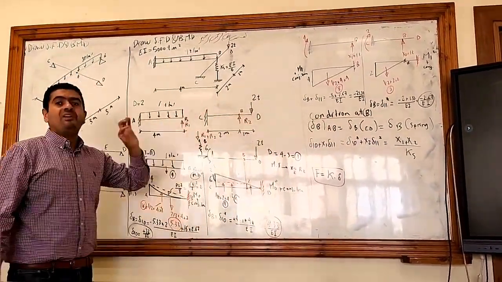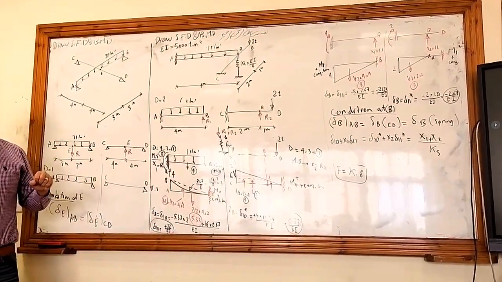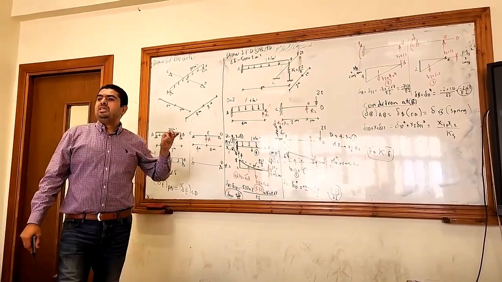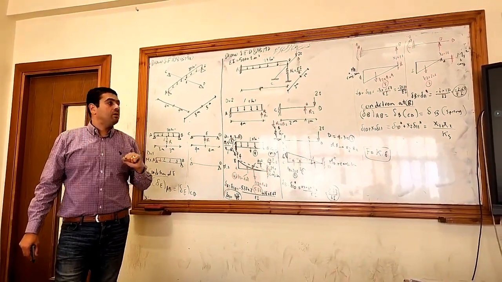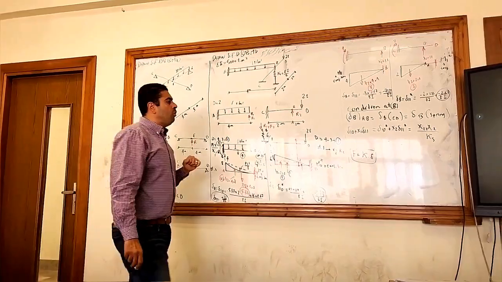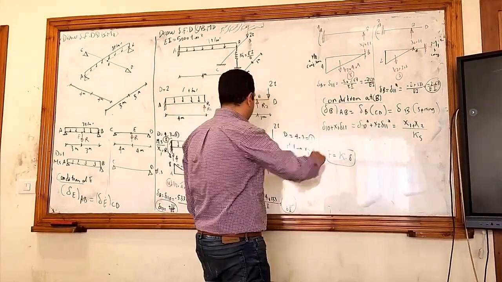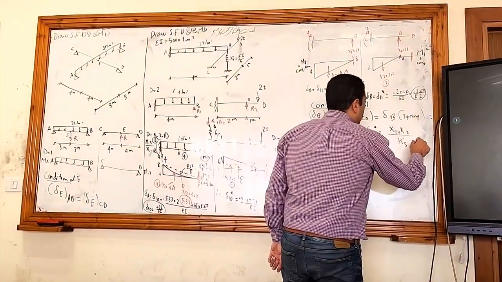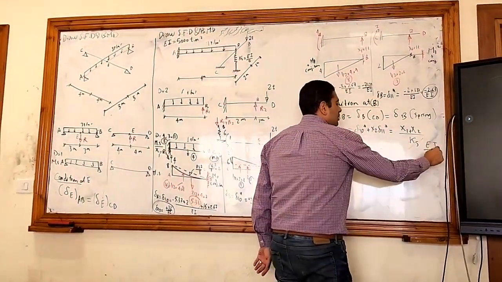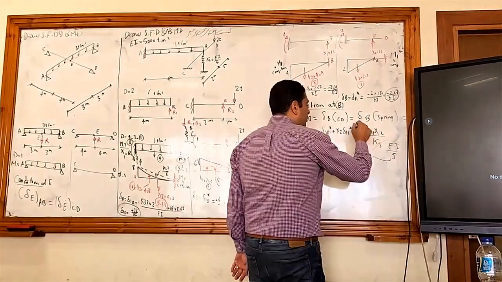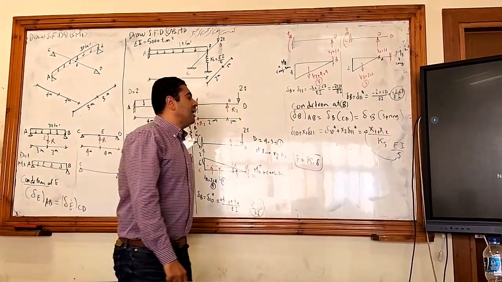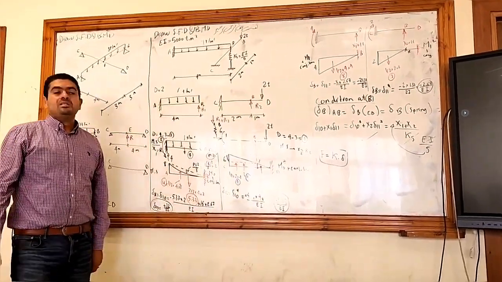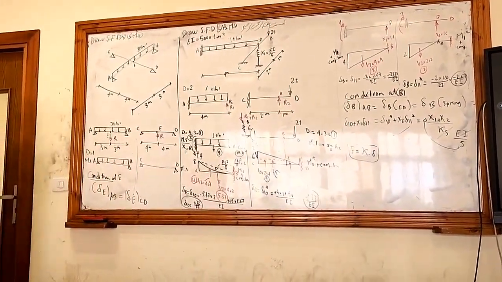He didn't give me the value of the stiffness of the spring. He just told me that it's EI divided by 5. So all the deltas here are divided by EI, divided by EI, divided by EI. And this is EI divided by 5. So the 5 will jump upwards, right? And now I can cancel all the EIs for the whole equation, for the 3 parts of the equation.